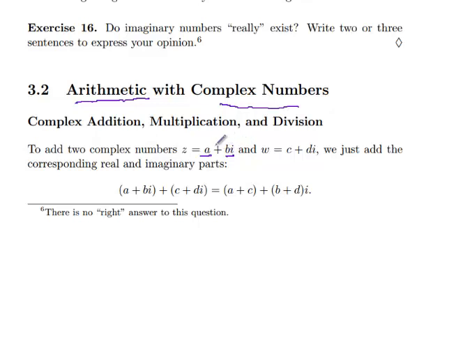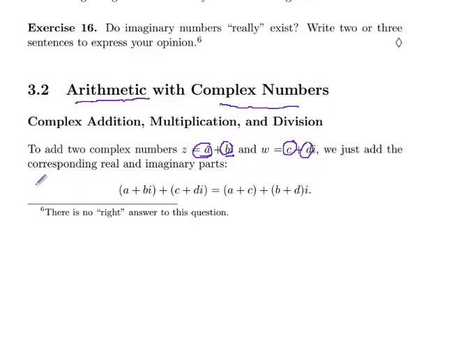So let's define the addition of two complex numbers. We're going to draw on what we know about real numbers. When we add real numbers, we already know how to add them. So, for instance, we know how to add this a and this c. We also know how to add this b and this d because these are real numbers.